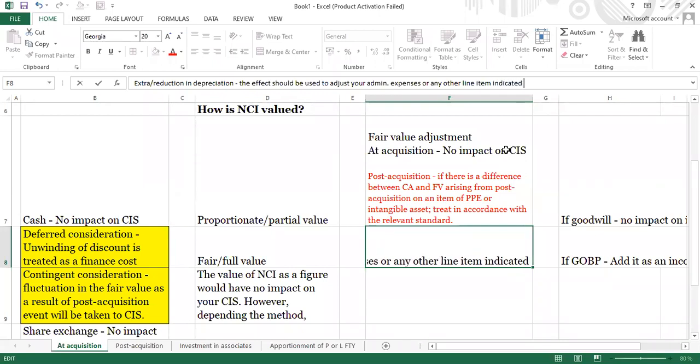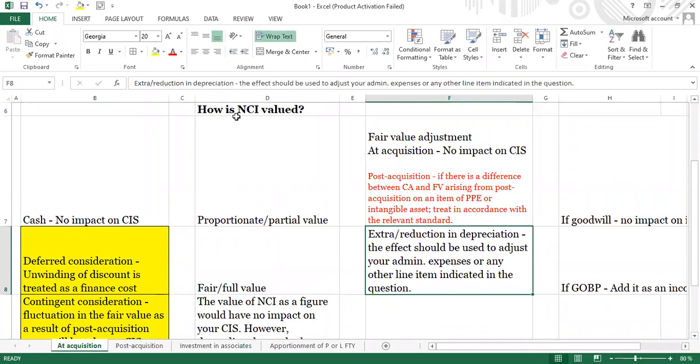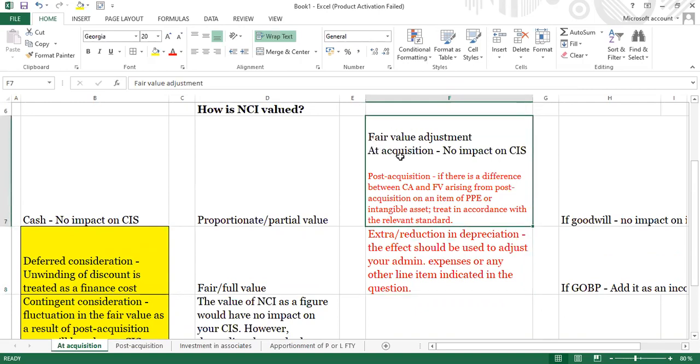indicated in the question. So if the question said that you should adjust cost of sales for extra depreciation, don't argue, adjust cost of sales. If the question said that you should adjust admin expenses, don't argue, adjust admin expenses. Recall from your learning that this depreciation is an offshoot of what happens up here under your fair value adjustment.